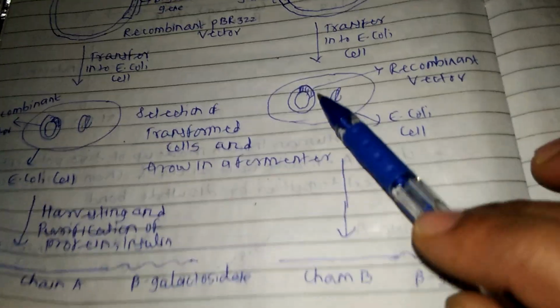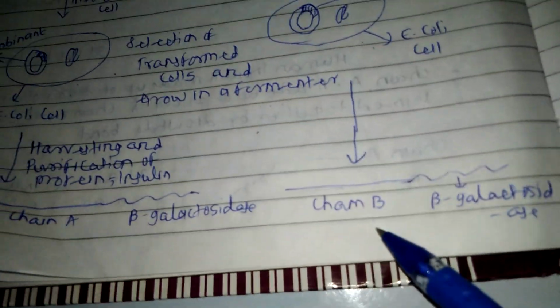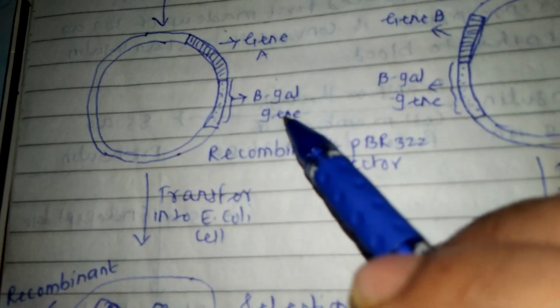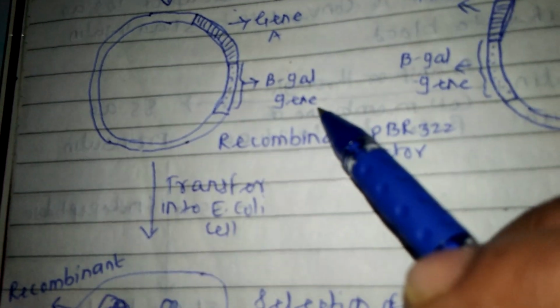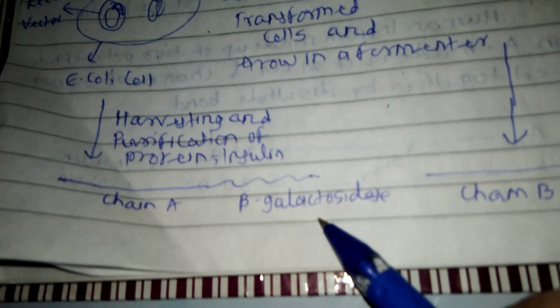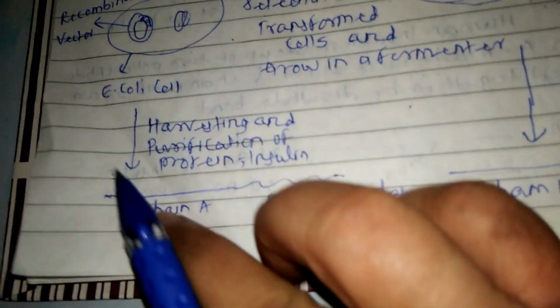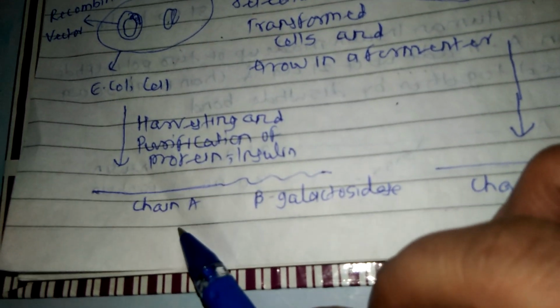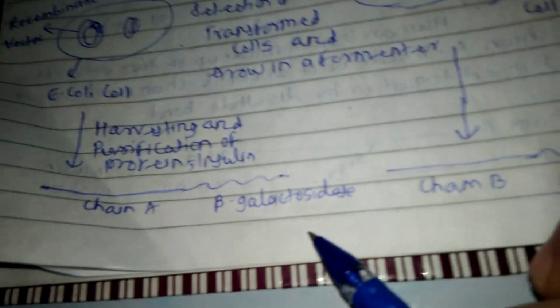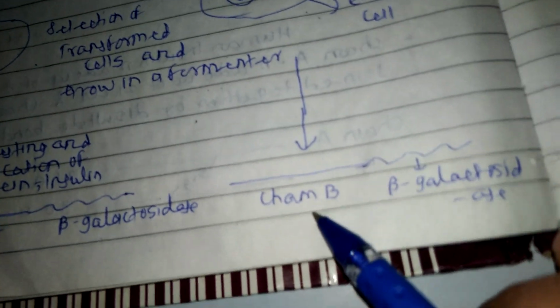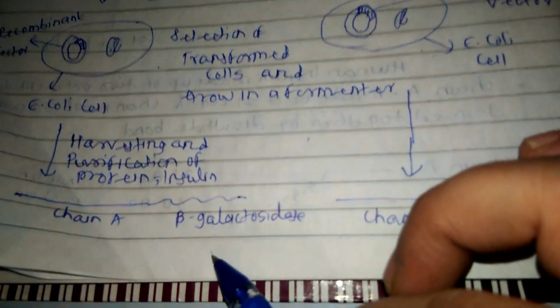This gene B produces polypeptide chain B. In addition to gene A and gene B, the beta gal gene is present, so it also expresses and produces the protein beta galactosidase. So a combined protein is produced: polypeptide chain A plus beta galactosidase, and polypeptide chain B plus beta galactosidase. But we do not require the beta galactosidase protein.